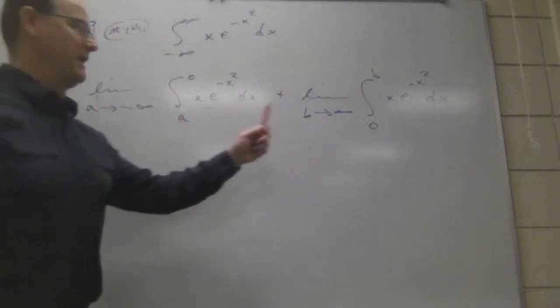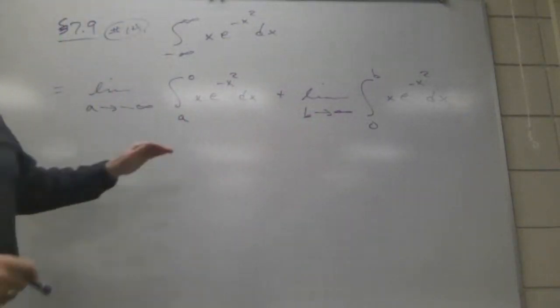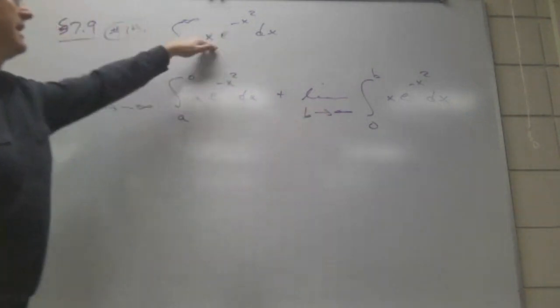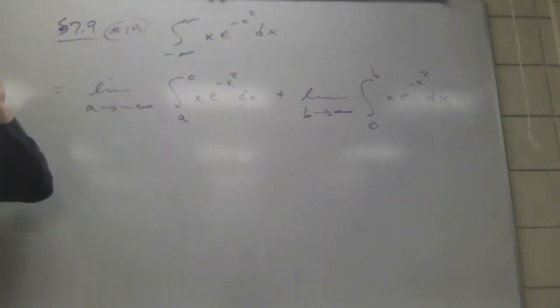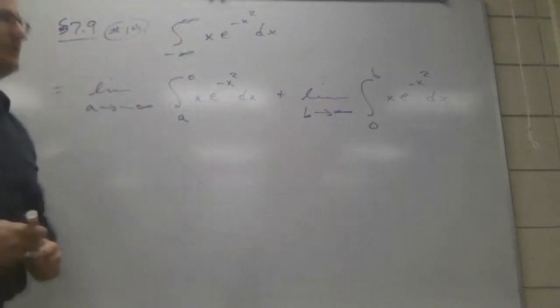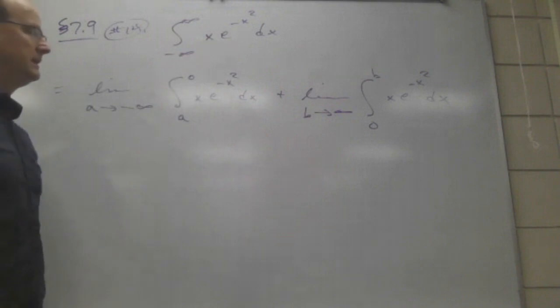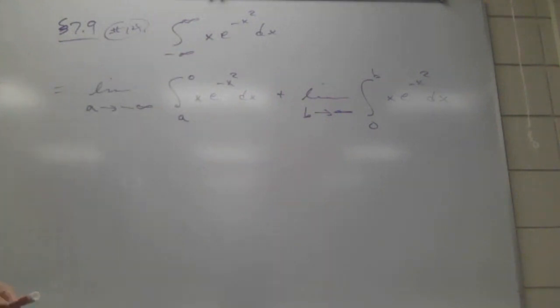Okay, so we have to evaluate both of these. If both limits exist, then it's going to be a convergent improper integral with infinite limits. If either one of these does not exist or is infinite, plus or minus infinity, then this would be a divergent improper integral with infinite limits.